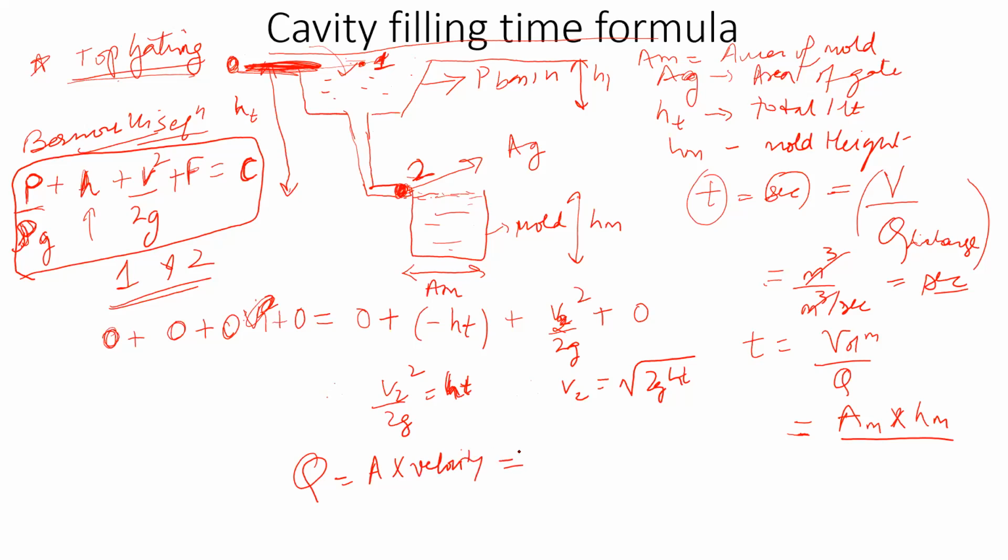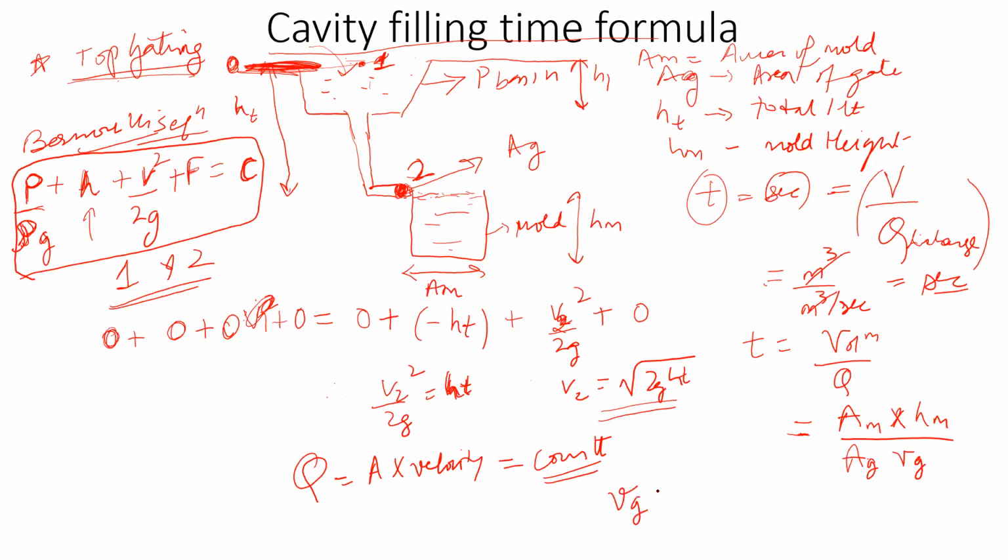Discharge will be the same at each and every point. It is very important that discharge is always constant, at point 1, point 2, or any other point you take. In our case we are taking the gate discharge, because we have calculated with respect to the gate, so Ag into Vg, area of gate into velocity of the gate.